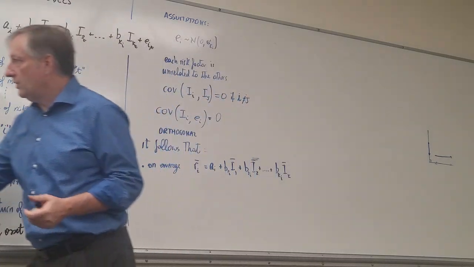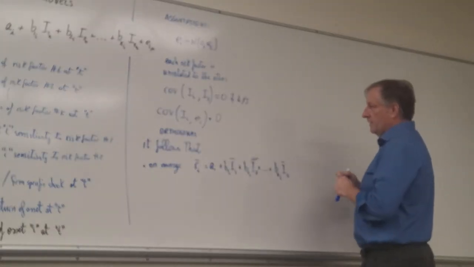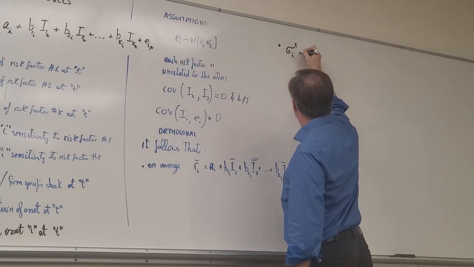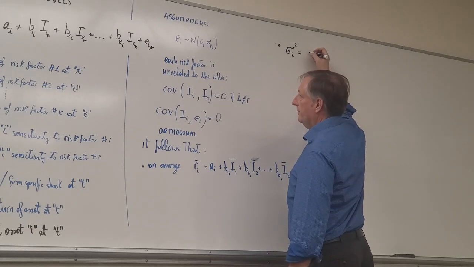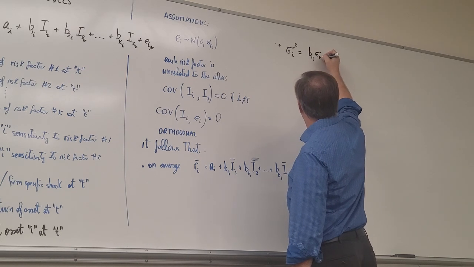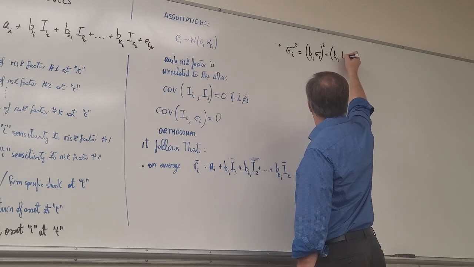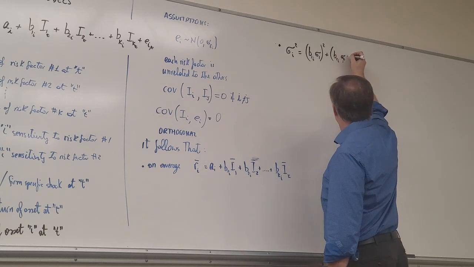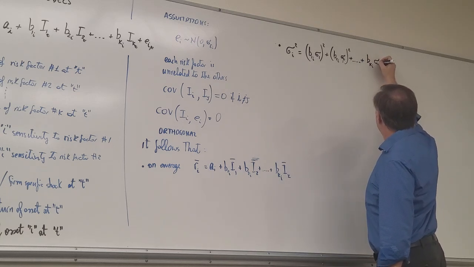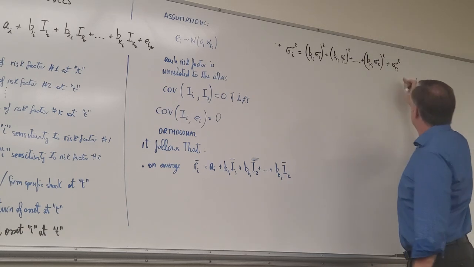Second conclusion, the total risk, sigma of asset I squared, is equal to beta 1 of I sigma 1 squared, plus beta 2 of I sigma 2 squared, through beta K of I sigma K squared, plus sigma e of I.